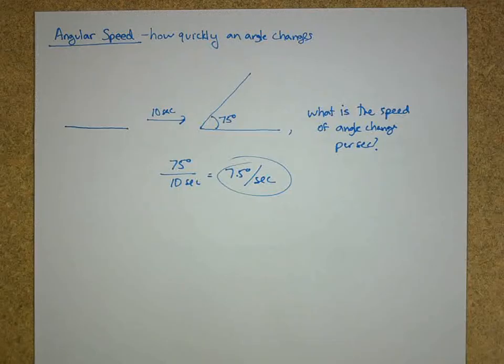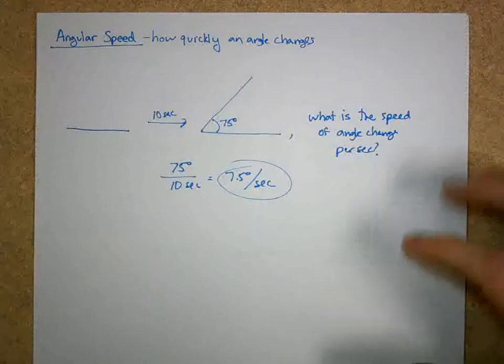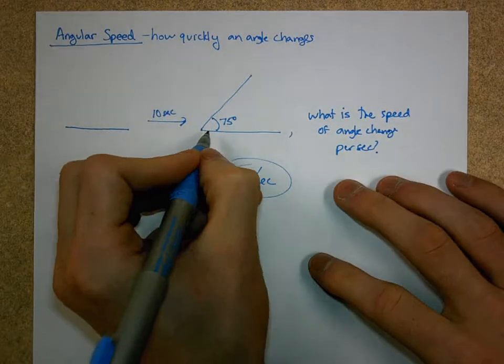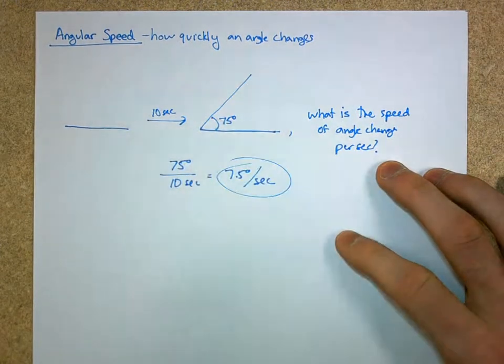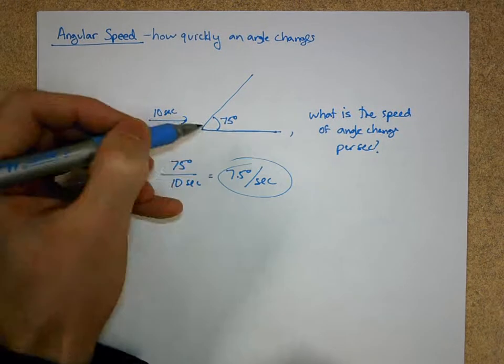So what I'm concerned about here is how quickly does the angle change? Now, the nice thing about angular speed is that I don't care how large the circle is. This radius here could have been 1 inch. This radius could have been 1 mile. And all I care about, though, is this angle change.